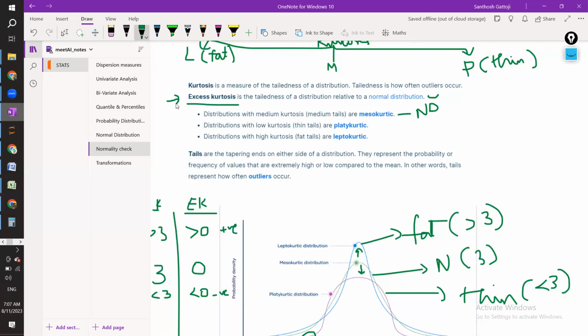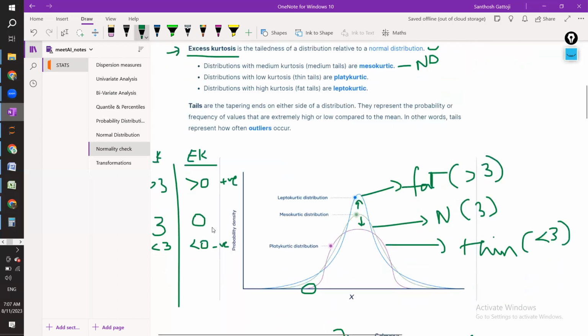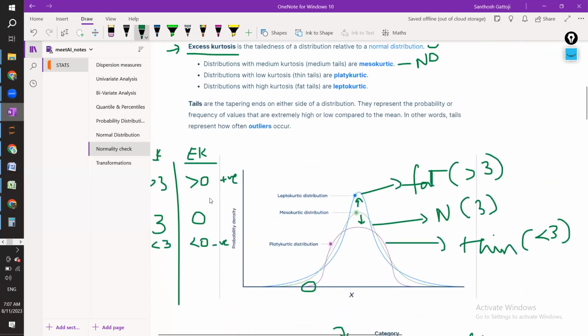But as I said, you should be a little cautious, because normally people call excess kurtosis just kurtosis, and they will give these values. So how do you find out? If the value is negative, not always but mostly, because it could sometimes be negative only if it is extremely less than 3.